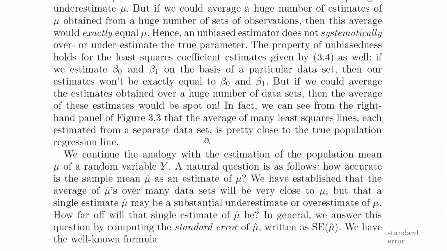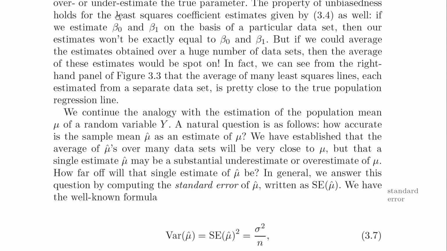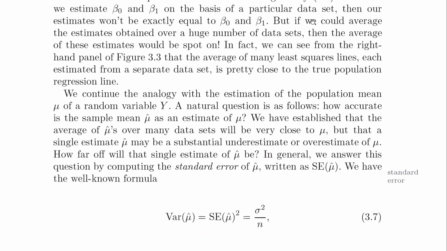Let's look. So if we estimate beta naught and beta 1 on the basis of a particular data set, then our estimates won't be exactly equal to beta naught and beta 1. But if we could average the estimates obtained over a huge number of data sets, then the average of these estimates would be spot on.